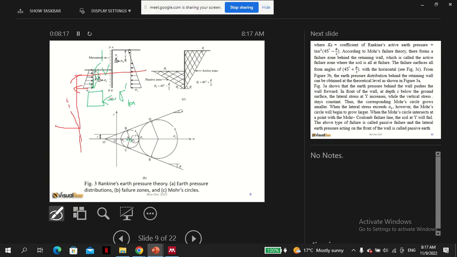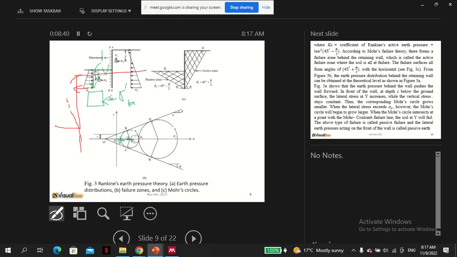When it is reduced, the value will move to this part. That's the point. So you can see sigma v is the same, but sigma h is reducing. So that means the diameter of the circle is increasing, and then we have a different circle. And that circle has the potential of touching the failure line.